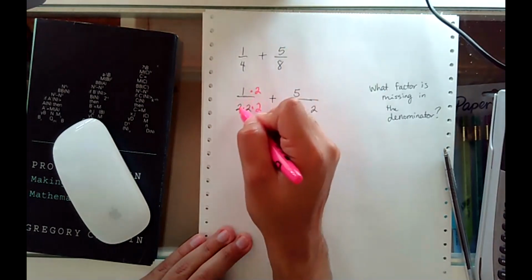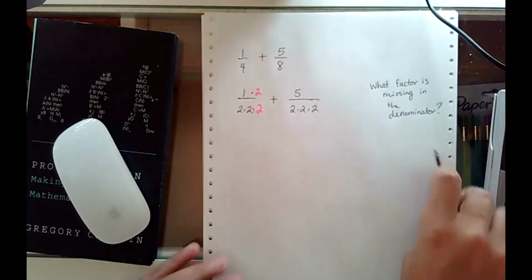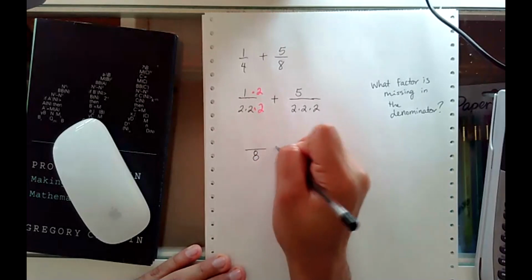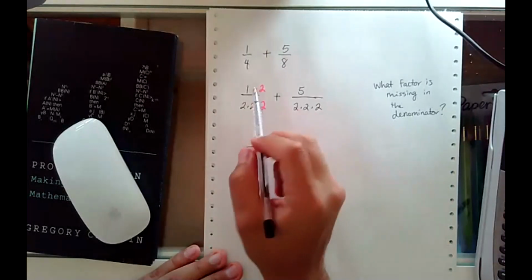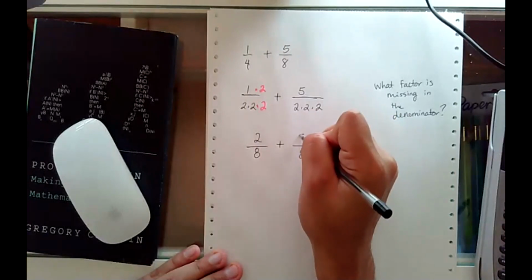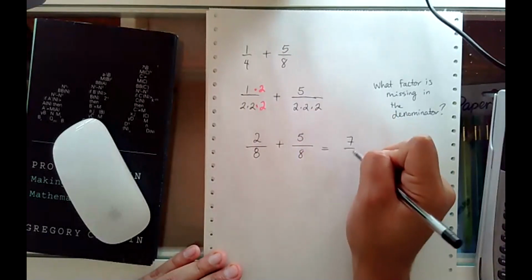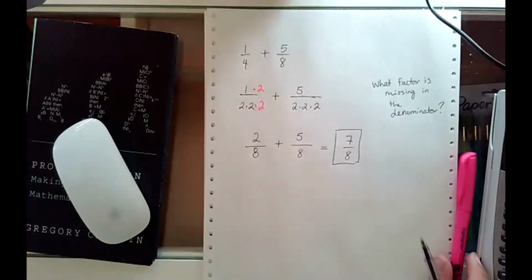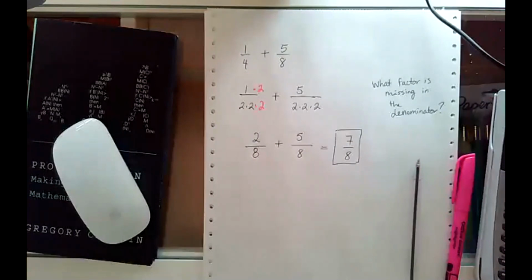So now 2 times 2 times 2 is going to be a denominator of 8. And so 1 times 2 is 2, plus this stays the same, 5. So I get 7/8. I'm going to let that one marinate for a second. Does anybody have any questions?